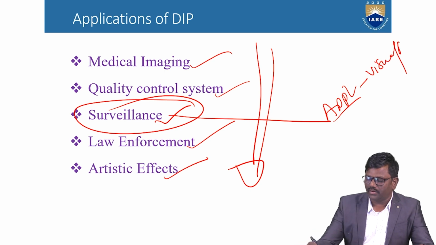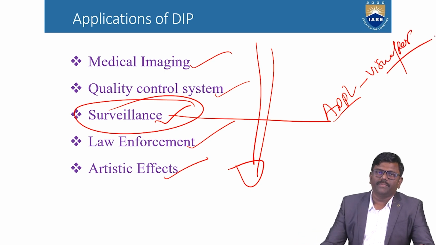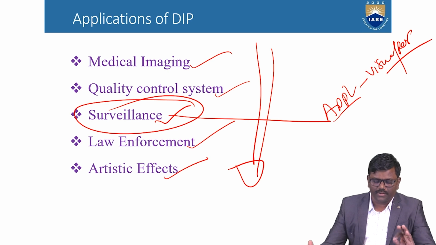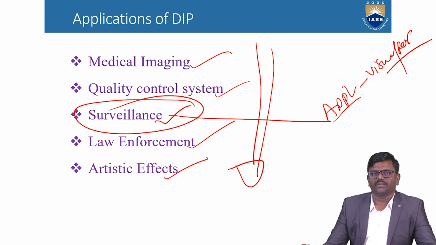Depending on this visual perception, you are going to update your artificial structure of the eye for designing a particular image processing application.